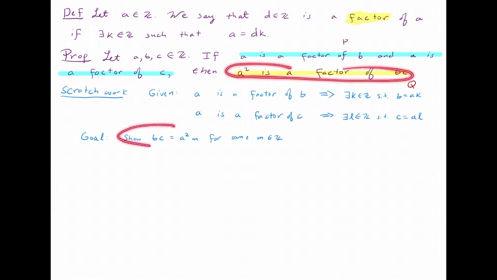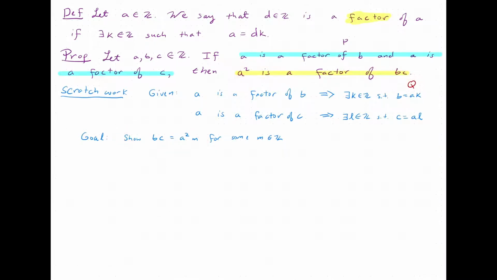So we want to show this. That means we have to multiply b times c. If we multiply b times c from both equations, we have b times c is equal to ak times al, which is equal to a squared kl. And so now we can take our integer m to just be kl, and we have this.